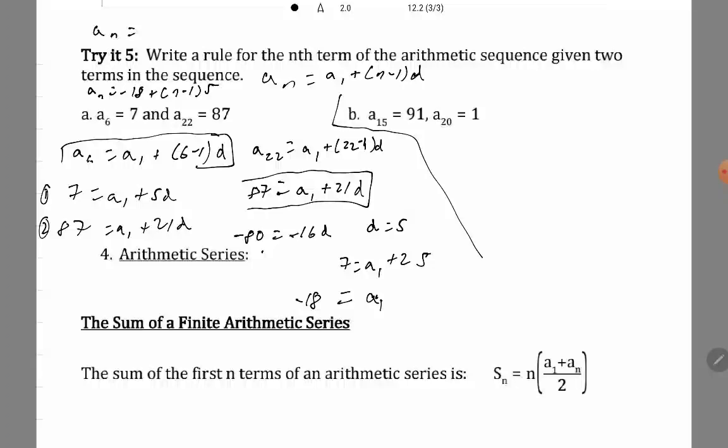So a sub n equals negative 18 plus 5n minus 5. So a sub n equals 5n minus 23. Sorry for going all over the place. That was a lot of work. Part B, you would do the same thing.